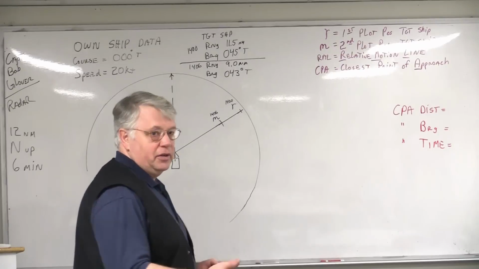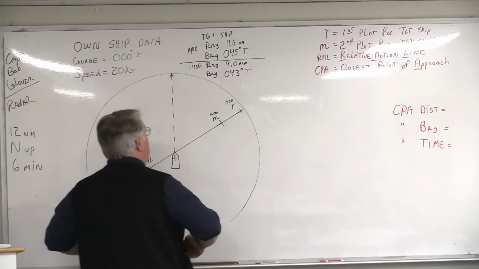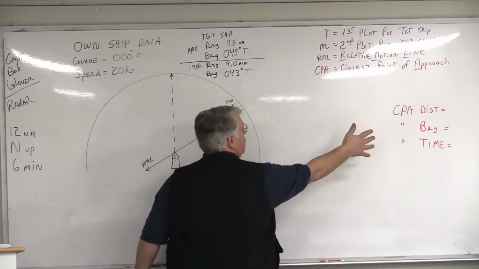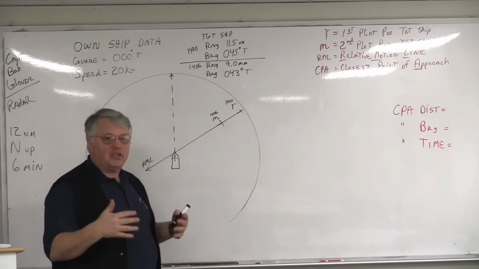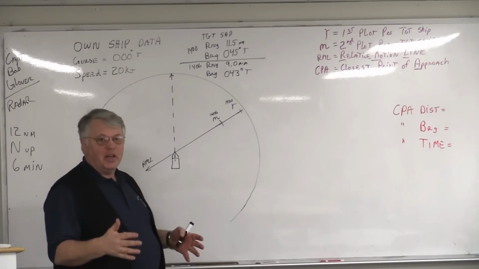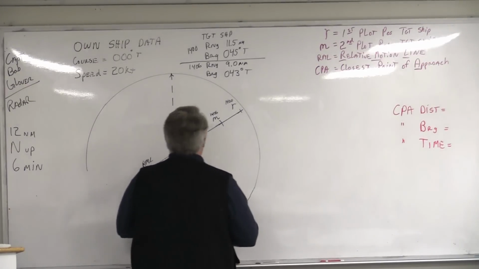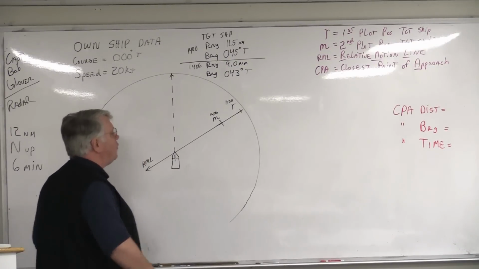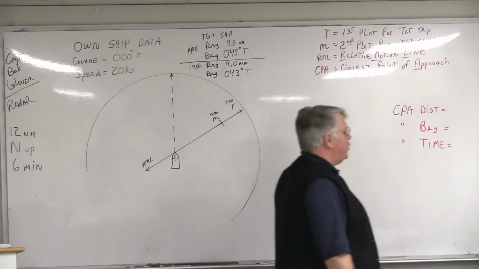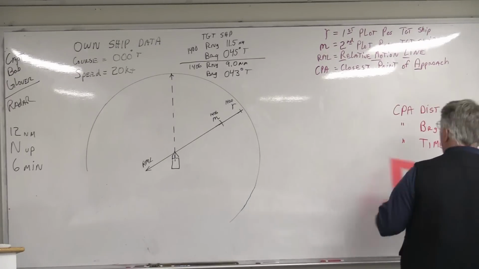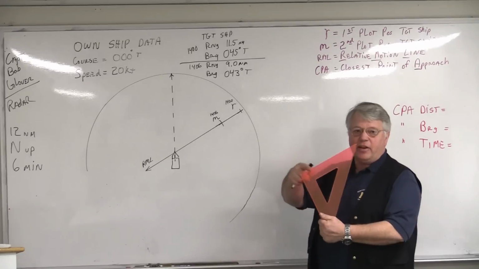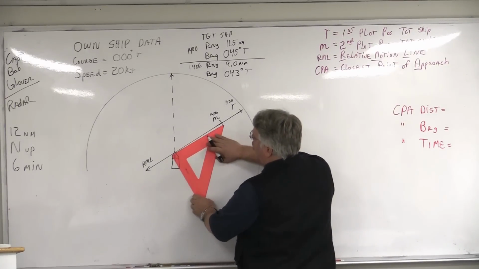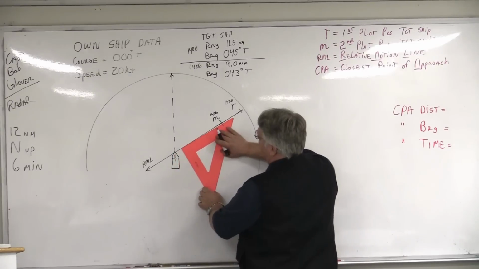All right, so we're going to have to change our course and speed, and we'll get into that in part 3 of our discussion. Okay, so right now, anytime you get a target on the screen, you want to figure out this information first because you have to establish threat, or potential collision. So we've established RML. Now, in order to find out these 3 pieces of information, you have to take a triangle or something that has a 90-degree edge to it, and lay that along the relative motion line.